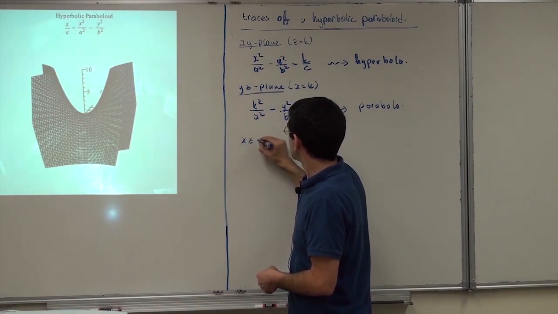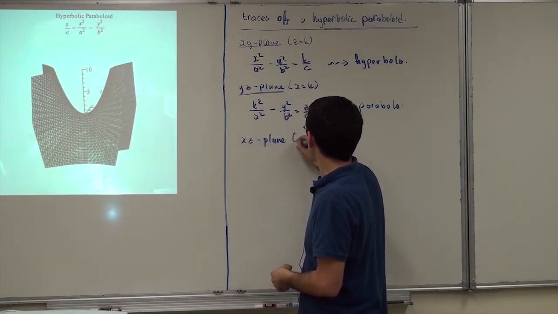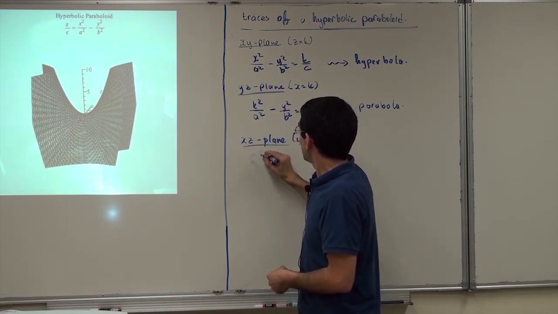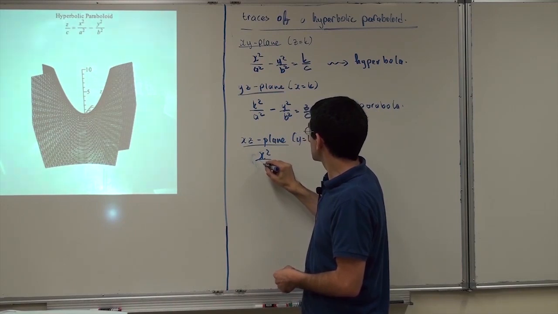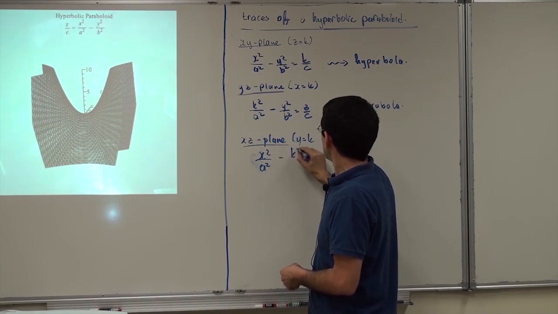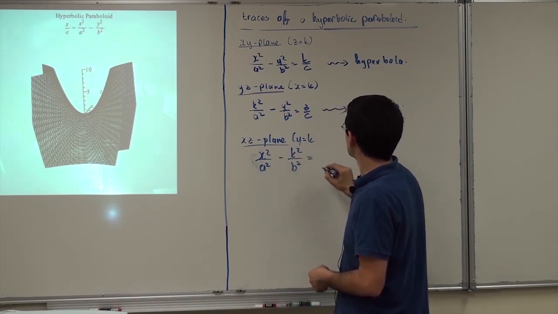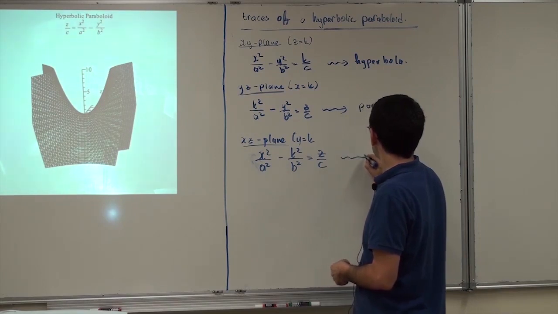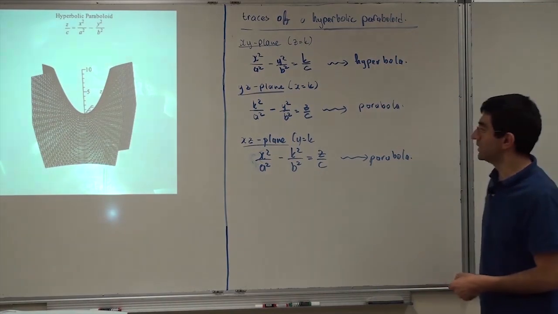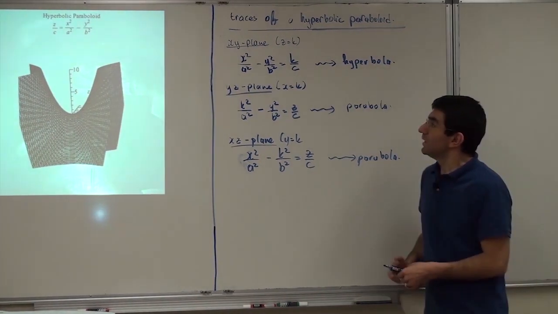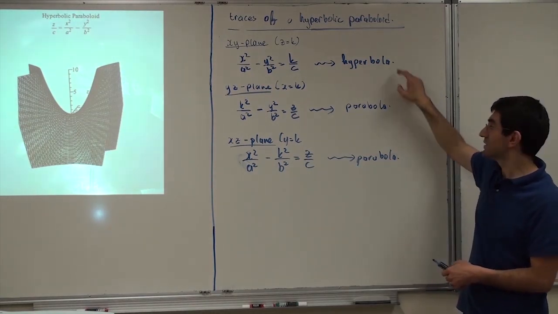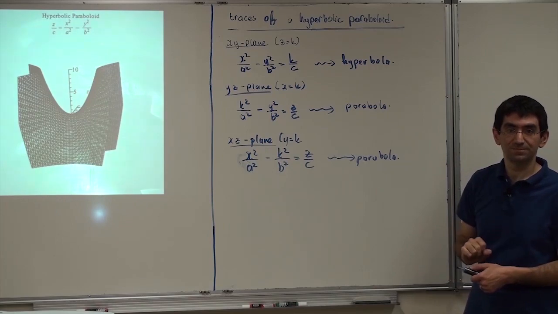And lastly, the traces along the xz plane. x squared over a squared minus k squared over b squared is equal to z over c. And these are again parabola equations. So, the traces of the hyperbolic paraboloid are either hyperbolas or parabolas.